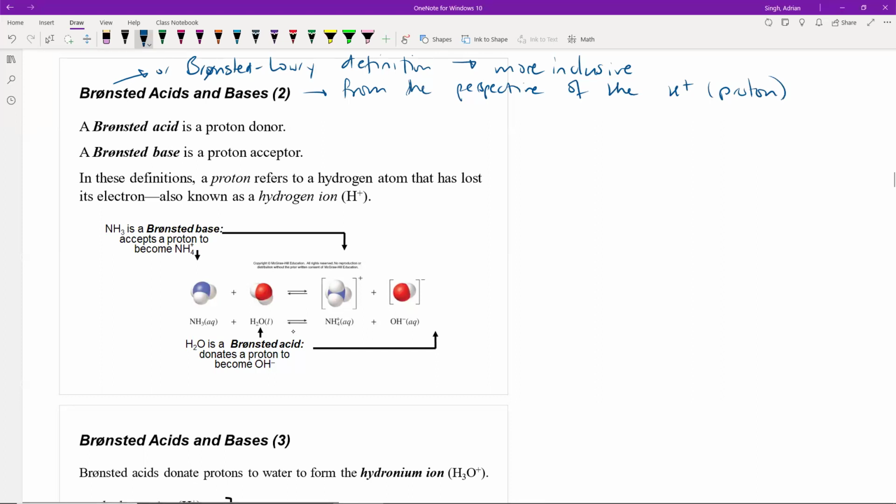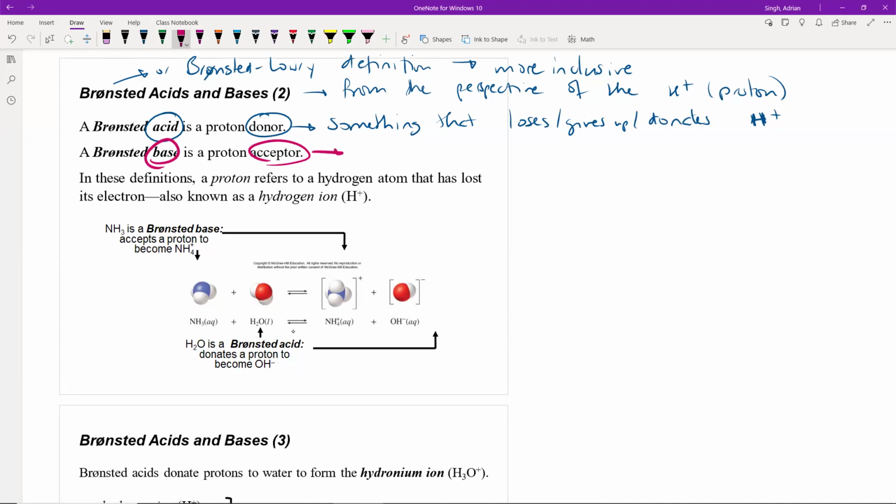According to the Bronsted-Lowry definition, a Bronsted-Lowry acid is a proton donor, something that gives up, loses, or donates one or more H pluses. Which then suggests if that H plus is being given up by something, something else has to accept it. And that something else that accepts it is called a base.